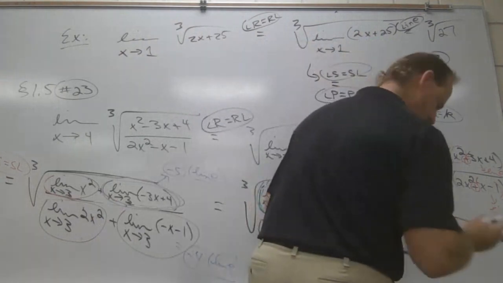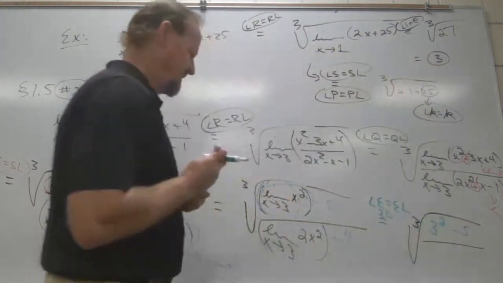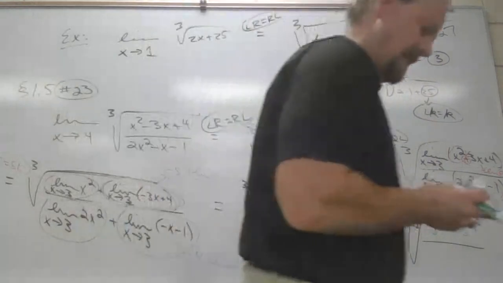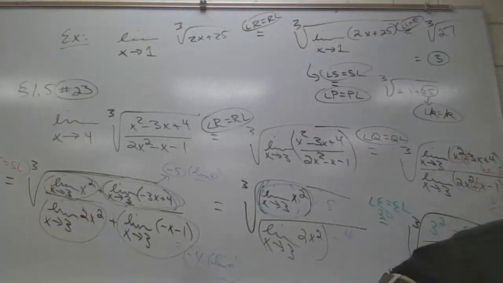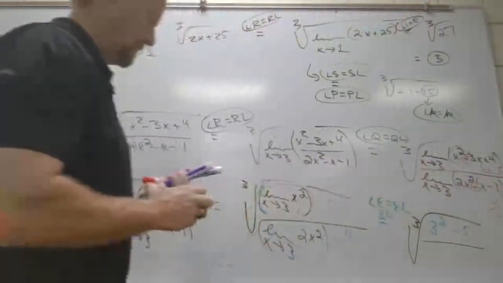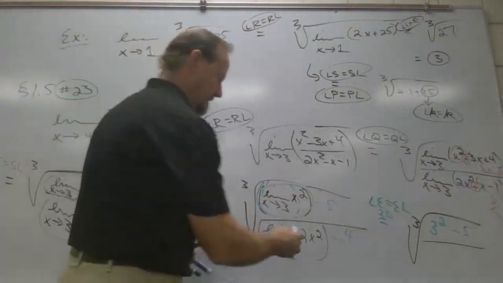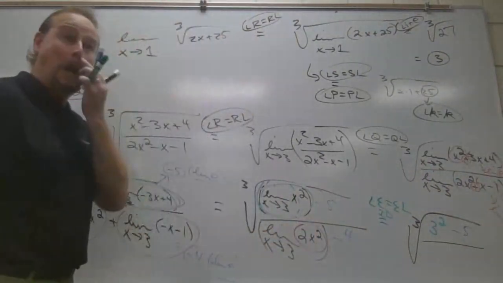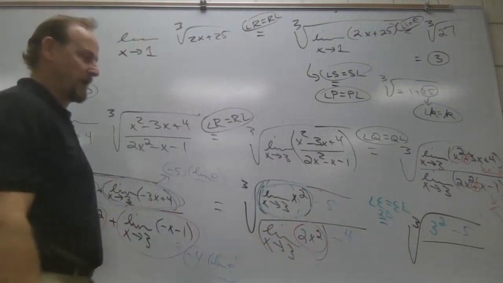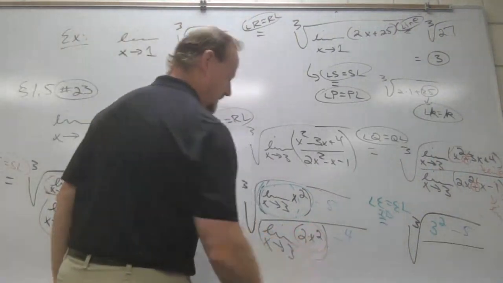What do I got on the bottom? I've got 2x squared. So what can I say there? 2x squared. So what kind of problem is that? It's not 2x quantity squared, it's 2 times x squared.